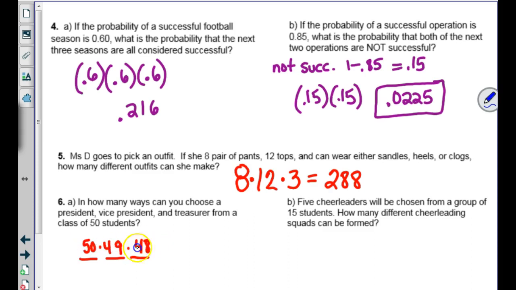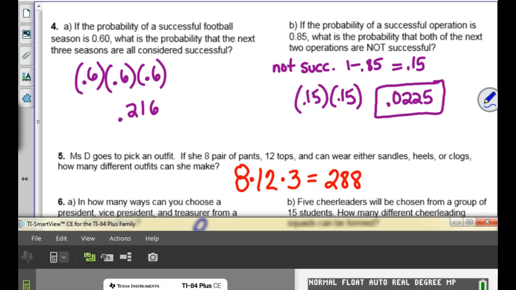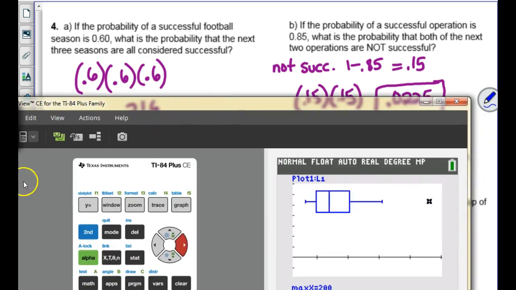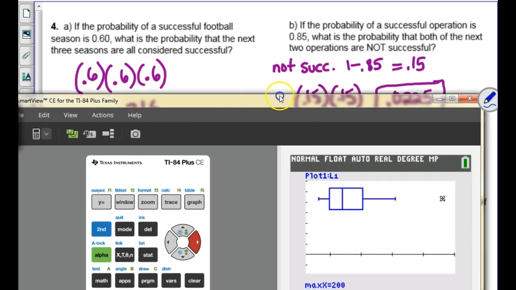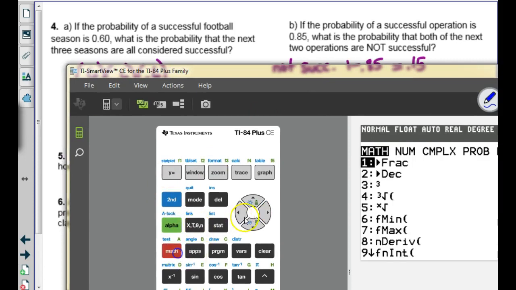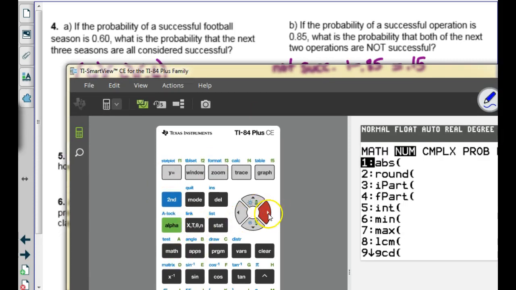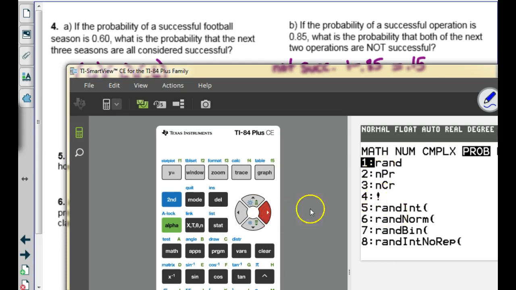All of the ways that this could happen, every time it's going to count differently because whether Kayvon's president or vice president or secretary, those are 3 different things. So it would be 50 P3, or it's the same answer if you just did that. Does everybody remember where that is? It's under math. Arrow to the right, over to probability, and then it's choice 2.